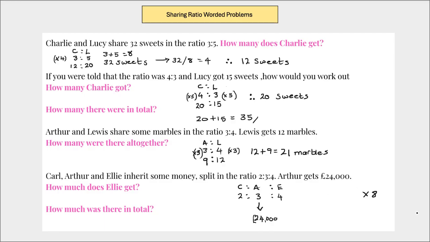So how do I get the zeros? What am I timesing it by? I'm timesing it by 8,000. So let's work this out then. We have 4 times 8,000, which gives Ellie 32,000.